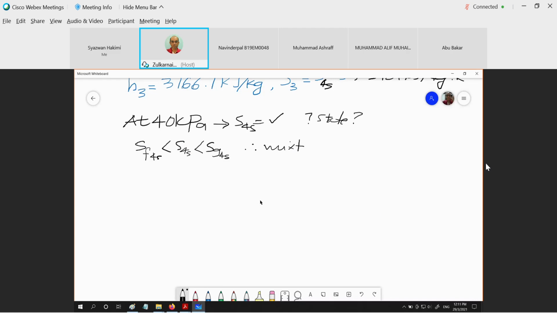When you find it mixture, what do you have to do next? Find X. Yes, find the X value. X is equal to S4S minus SF4S divided by SFG4S. So this is X4S.